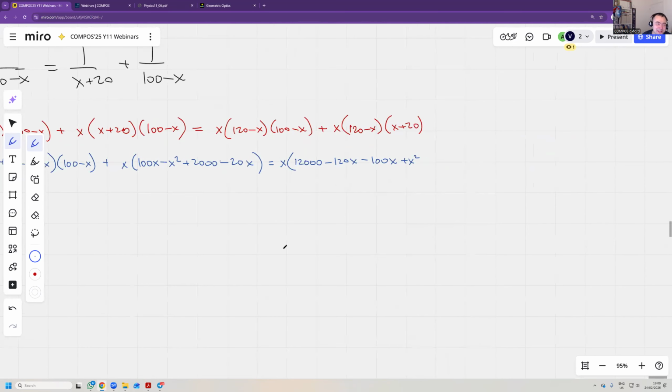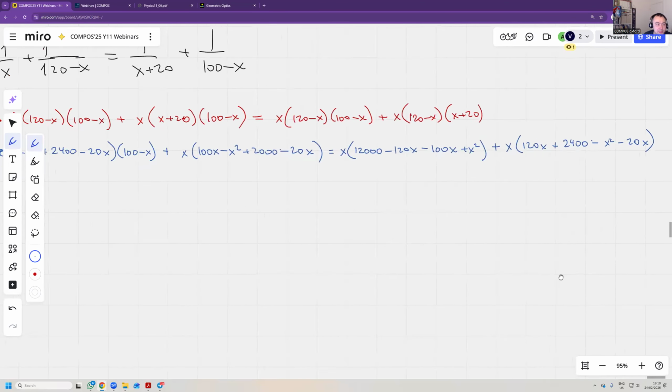I'll be very surprised if I don't mess this up. So plus x times 120x plus 2400 minus x squared minus 20x. Is it 12,000? It is 12,000.